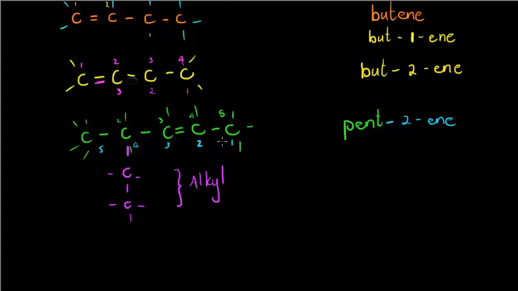What will happen to the numbering? Because in the previous video we looked at we should number starting at the carbon that's closest to the chain. Okay? Now we said we should number starting at the carbon that's closer to the double bond. In this case, the double bond will get preference. So your functional group gets preference when it comes to numbering the carbon chain.